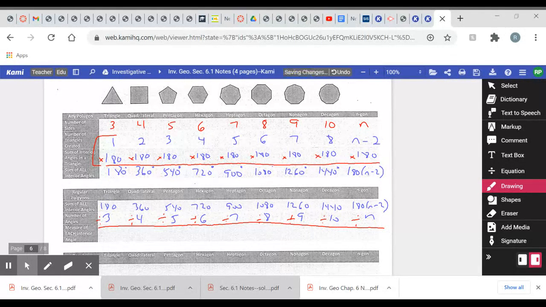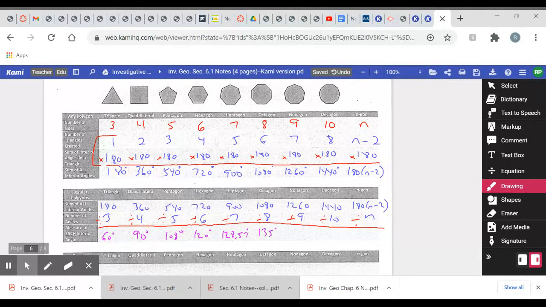So each interior angle in this case is going to be 180 divided by 3 for a triangle, which is 60. 360 divided by 4 gives me 90 for a quadrilateral. 540 divided by 5 is 108. And if you keep dividing, I end up with 120, then 128.57 for the heptagon, and then 135.